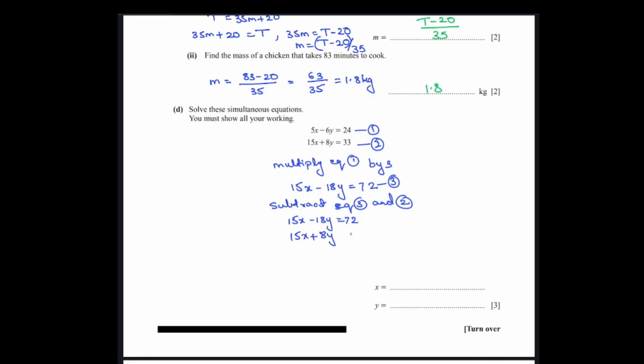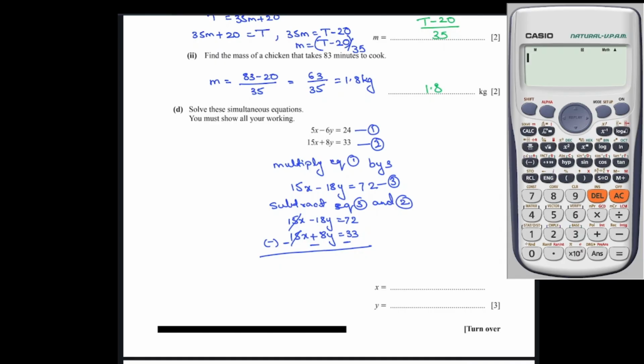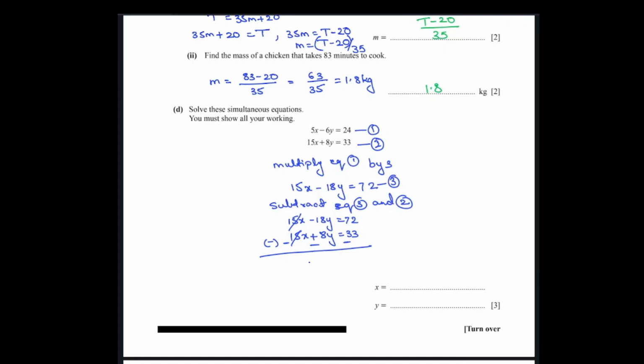I'm writing the equation one below the other, and I'll put a minus sign here. So this is plus, it becomes minus, this is plus again minus, and this is plus again minus. Now change the signs, this is getting cancelled. Minus 18 minus 8, so add 18 plus 8, but put the sign of subtraction. 26, so minus 26y.